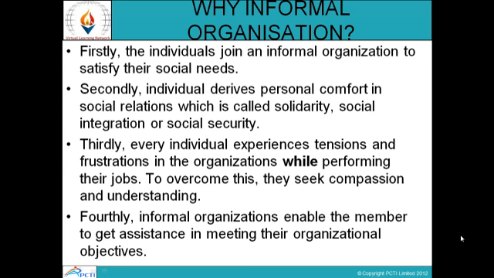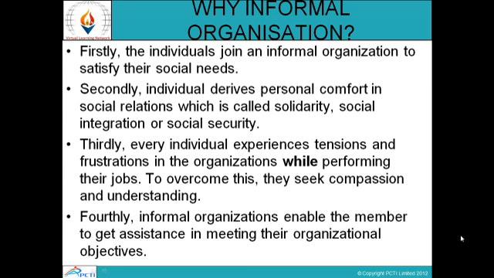Secondly, individuals derive personal comfort in social relations, which is called solidarity, social integration or social security. Individuals are basically related to personal comfort; that is what they want from society. They want to live in society and be coordinated with it or apart from it. This kind of comfort is also found in an informal organization.